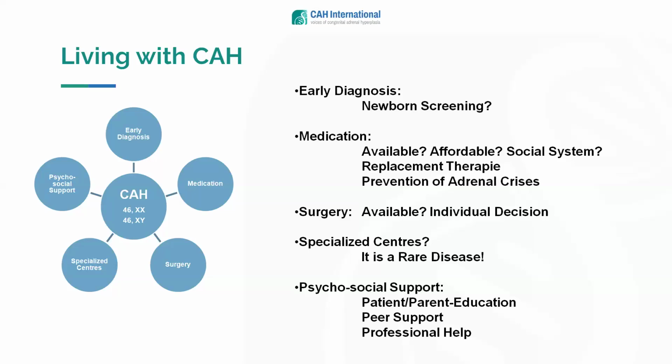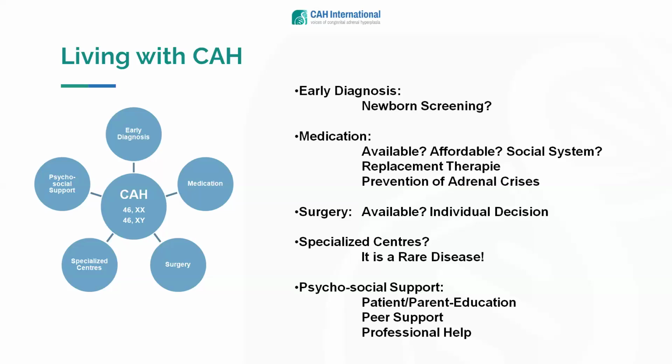Surgery, if you have changes in the urogenital tract, is it available? Can it be made upon an individual decision after discussions between the doctors and the parents? This is what we see, a very important part, but not an easy part. I will say some words after when I talk about the challenges.